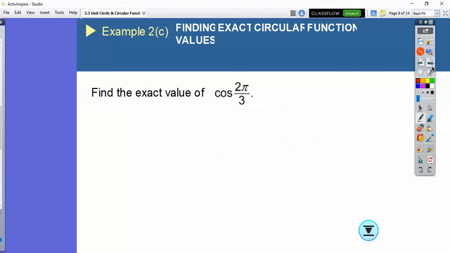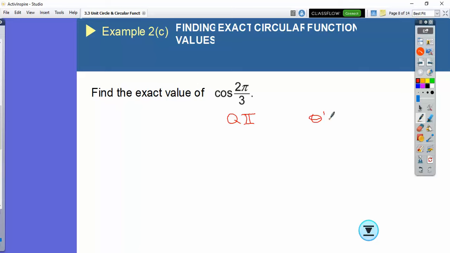Okay, you guys, last one like this, do cosine of 2 pi over 3 for me. What quadrant is that? 2.